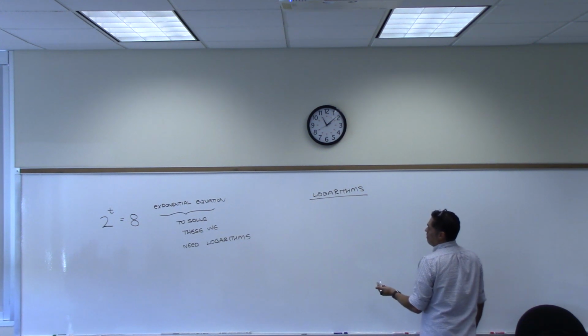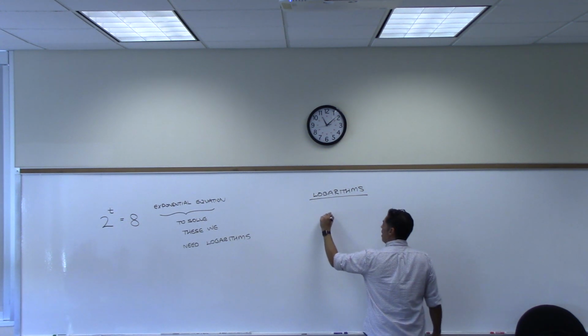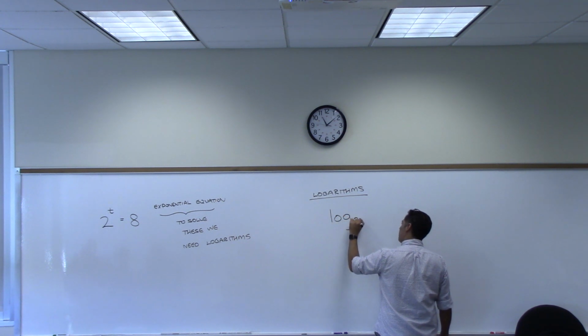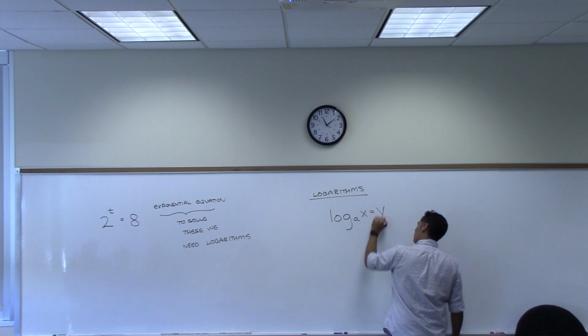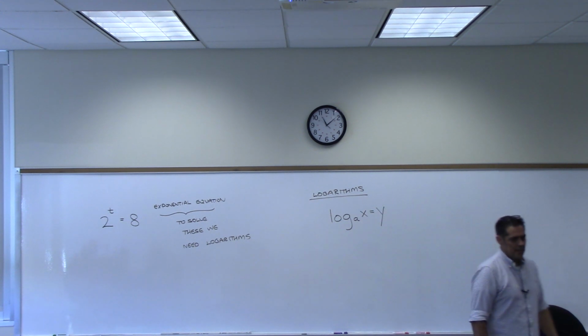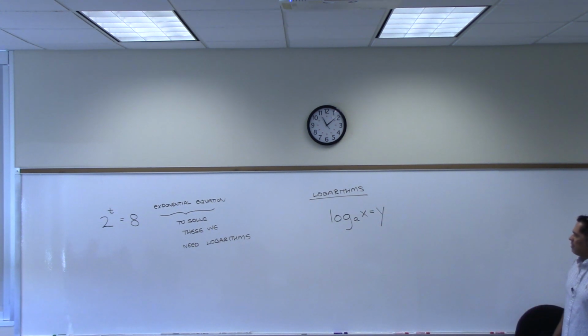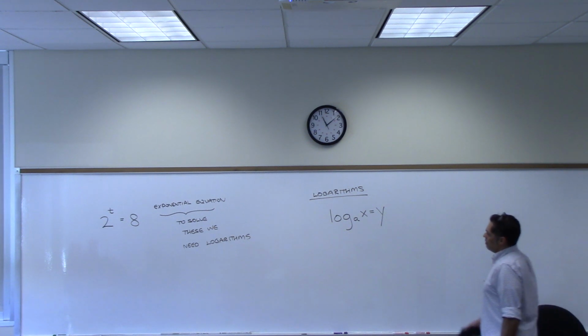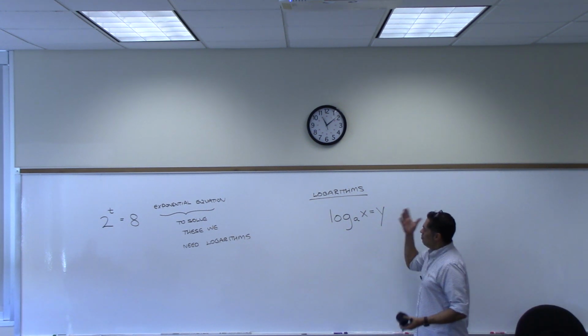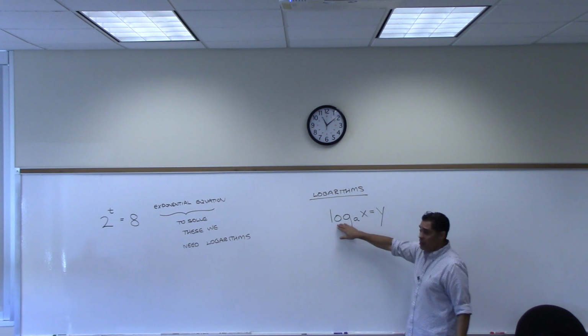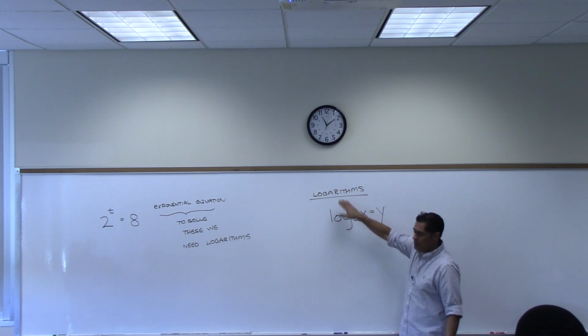Well, here's what a logarithm is. If I write down this, just write it down, then we'll talk about it. Okay, just write that down. And I know when you see that first time, you're like, what is this? This is a new expression. Log stands for logarithm.